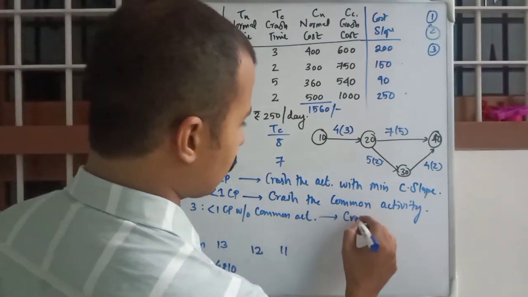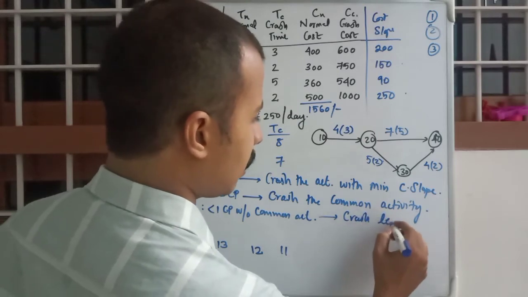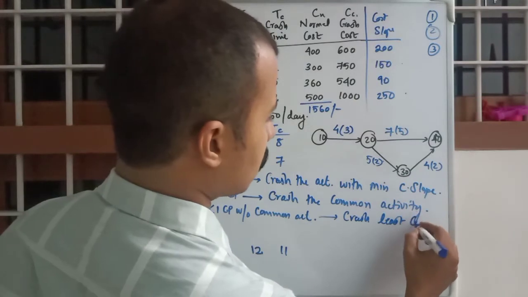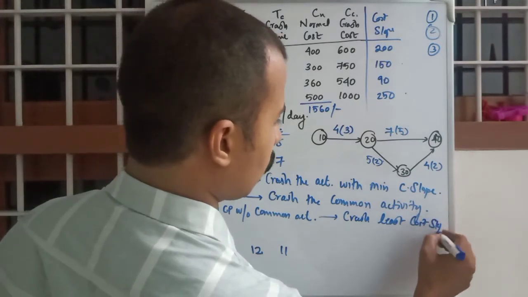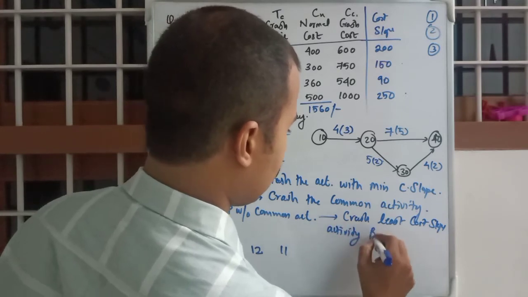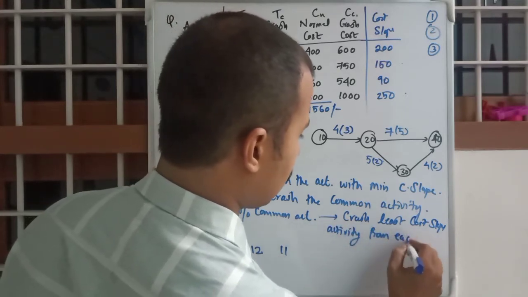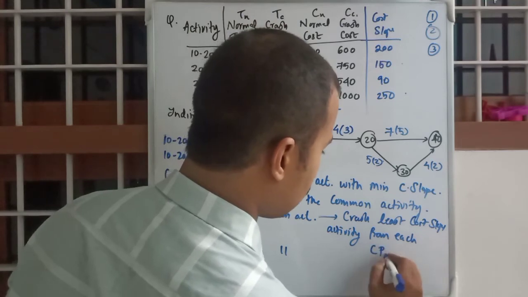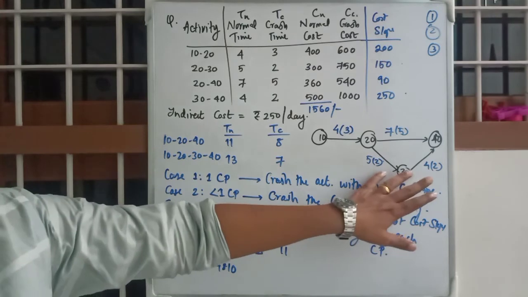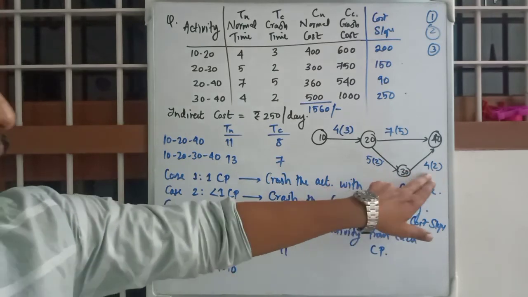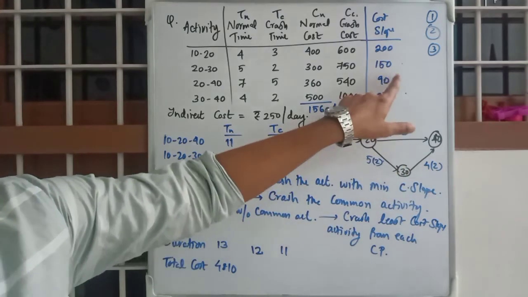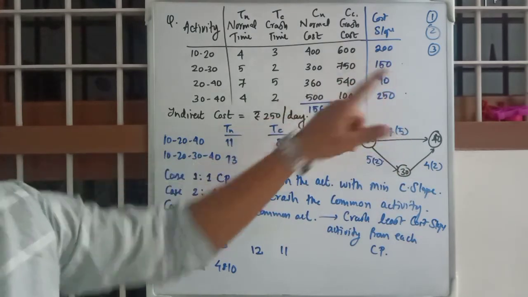We will crash, then again we will select the least cost slope activity from each critical path. Okay, we won't just take any one, we will compare between these two and take the minimum of the critical path.